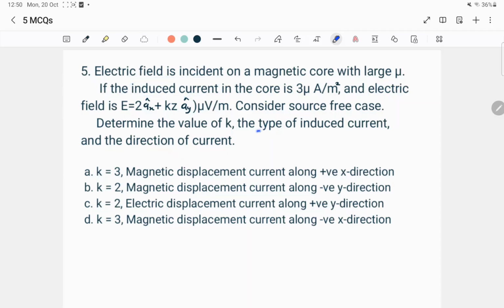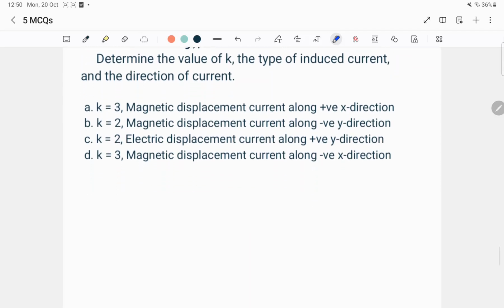You need to find the type of that induced current. The current can be a magnetic displacement current or an electric displacement current. You also need to find the value of K. There are different values of K here, 3, 2, etc. And you also have to find the direction of the current. Okay, so let me give you a hint.